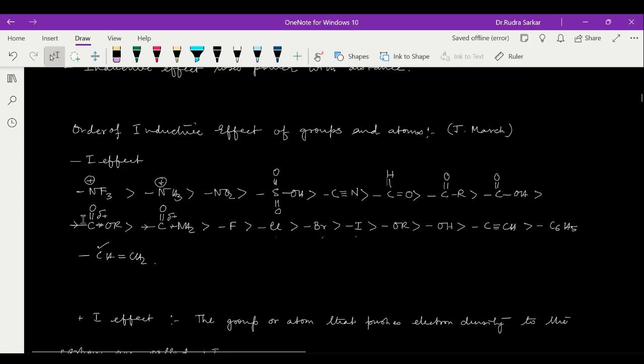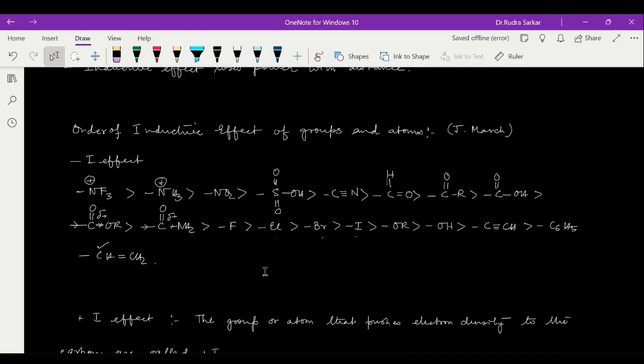Again, amongst ester COOR and CONH2, O is more electronegative than N. That's why more withdrawing. Understood? Again, you see this is sp and this is sp2. That's why this is more electron withdrawing than that guy.